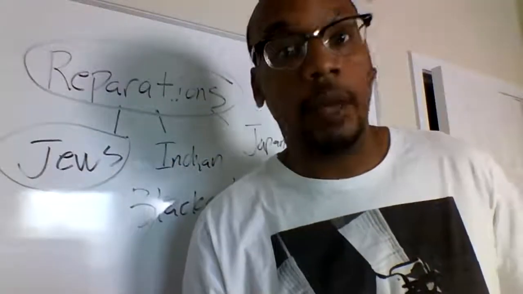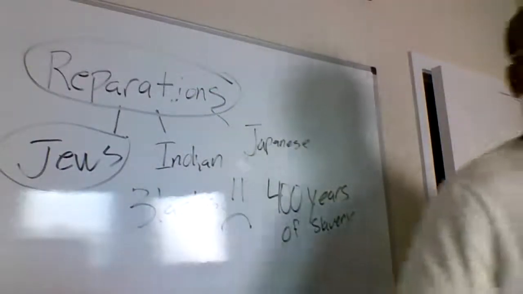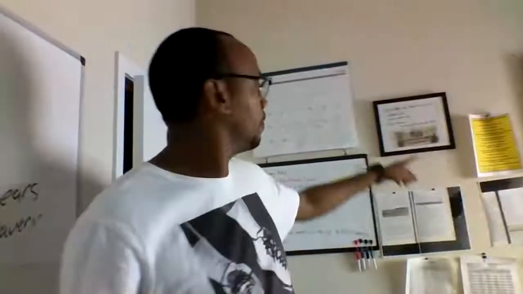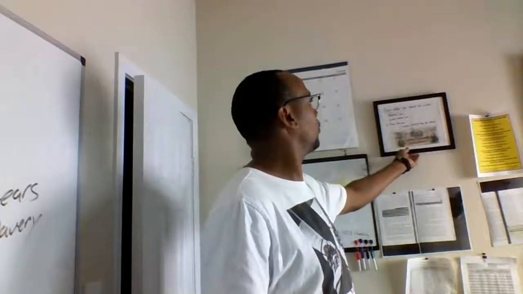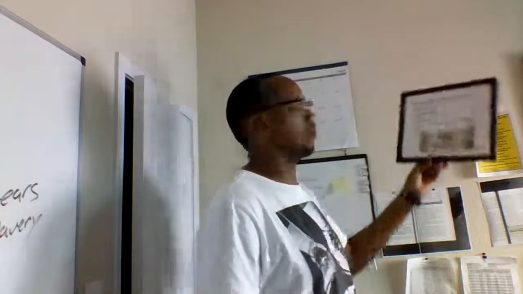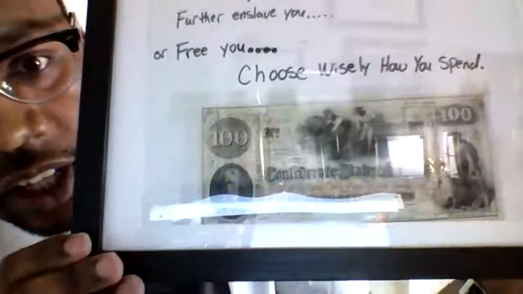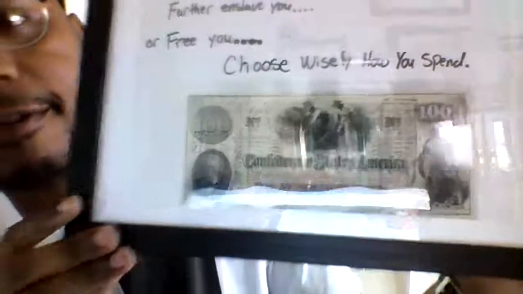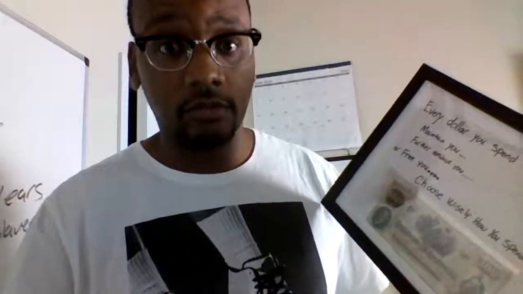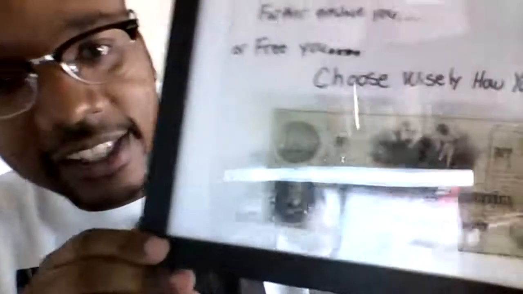Right? Let me show you something, then we'll be done. Let me show you something that's on my wall. You see this right here? If you look closely, this is a $100 bill from 1865.